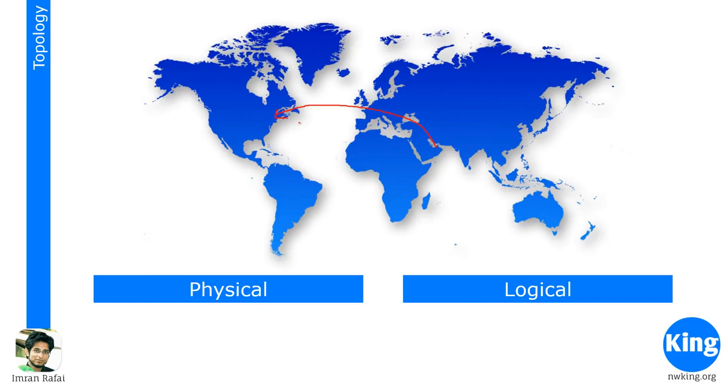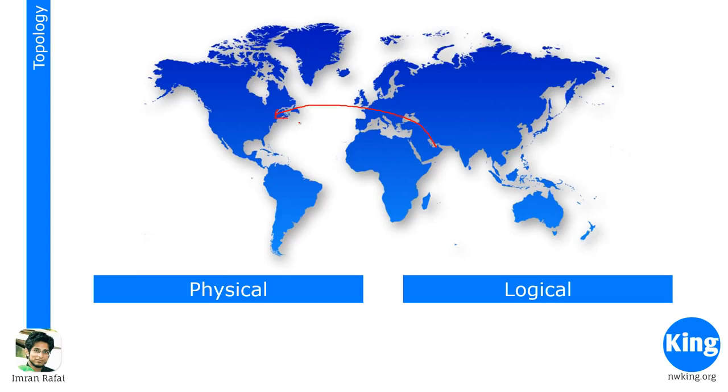Once you finish that, you fly to New York, and then in New York you have the reverse process where you finish your customs and immigration, take your bags, take a taxi or get a friend to pick you up from the airport, and then you go to your destination. So this is how physically it is done.